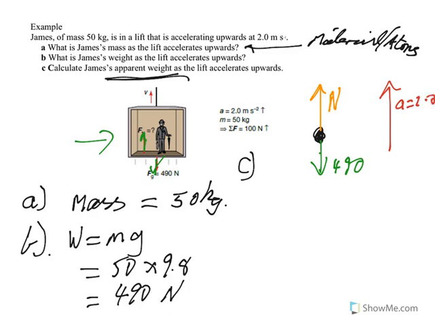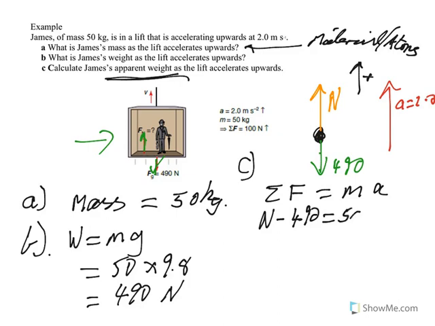So if James is accelerating, we've then got to use Newton. The sum of the forces is the mass times the acceleration, and I'm going to use up as positive. So what are these forces? We've got the normal reaction force minus 490 equals James's mass, which is 50, times the acceleration of the lift, which is 2.